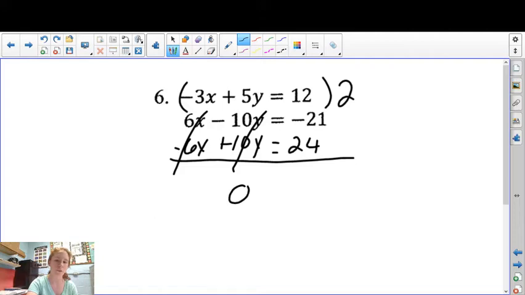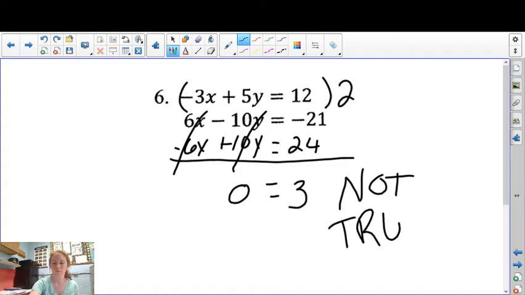So I get 0 equals what? 3? Wait a minute, hold up. 0 doesn't equal 3. That's not true. So because that's not true, my actual final answer is no solution.